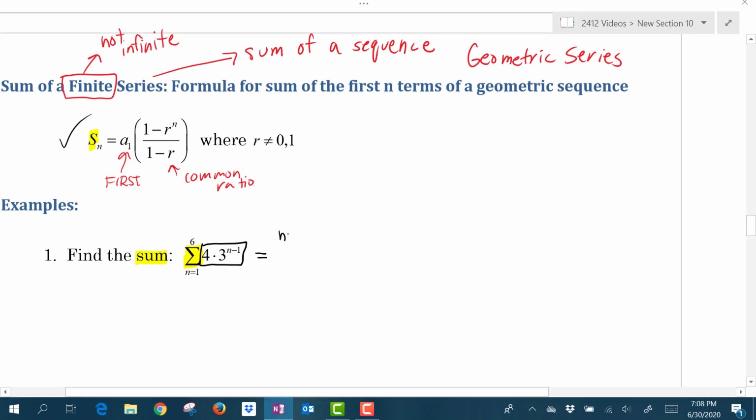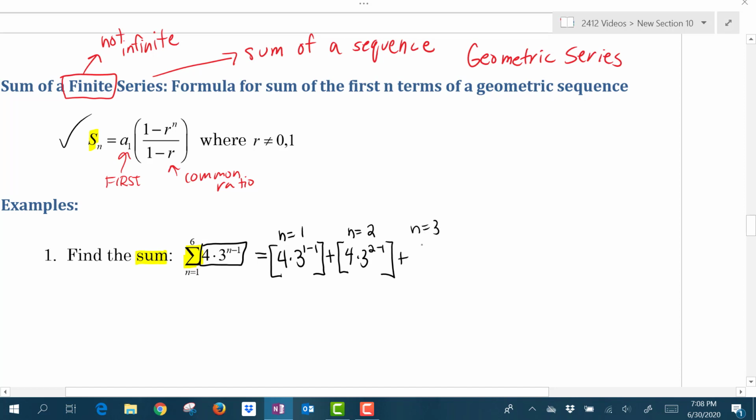Alright, so we have for n equals 1, we'll have 4 times 3 to the 1 minus 1 power. We're going to say plus, remember sigma means sum. We're writing out the expansion, the adding in between the terms. Okay, so that's 4 times 3 to the 2 minus 1 power.